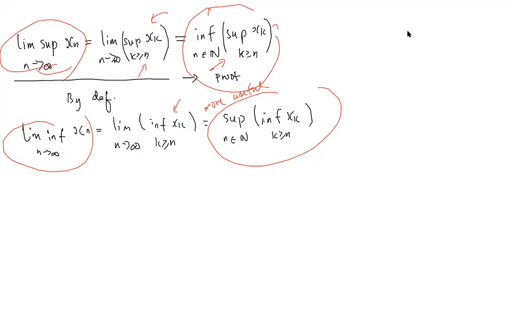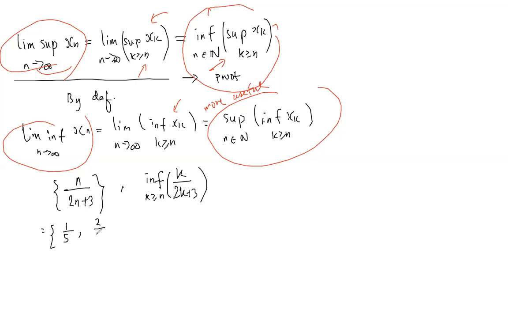All right, so look at an example that's given there. You have a sequence n over 2n plus 3. So if you take the infimum over k greater than or equal to n of k over 2k plus 3, the sequence here will be something like 1 over 5, 2 over 7, 3 over 9, and so on.